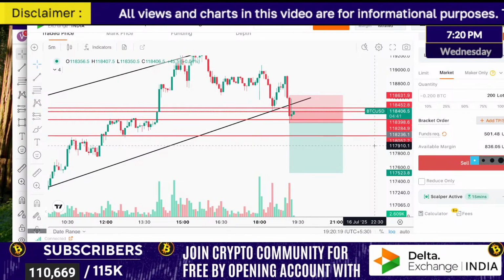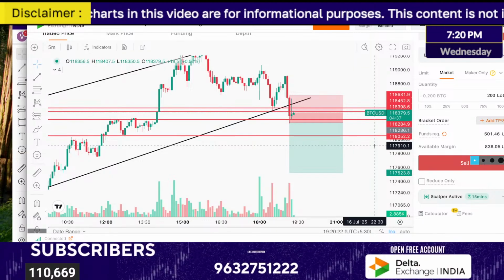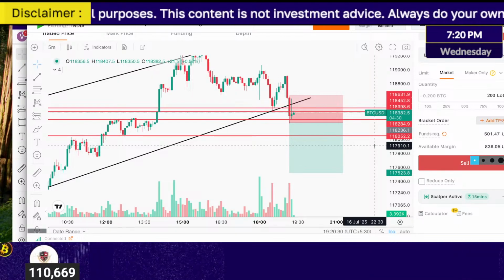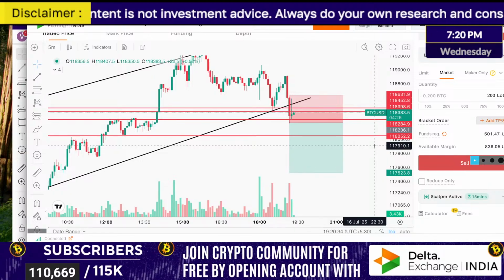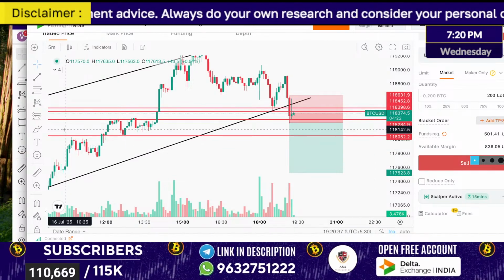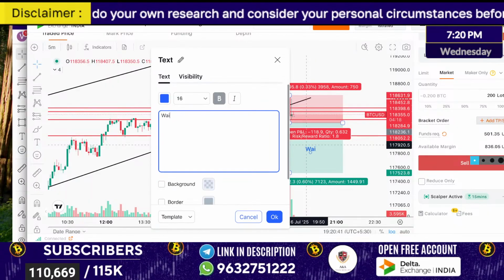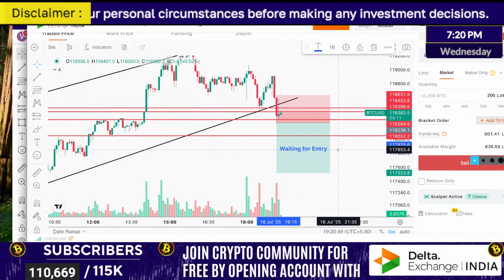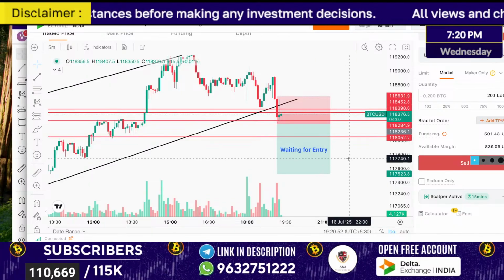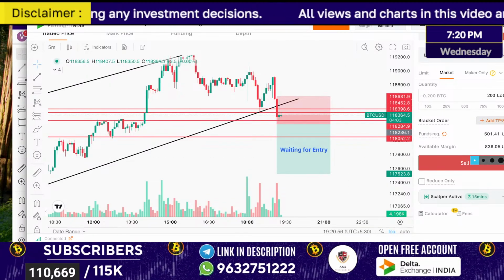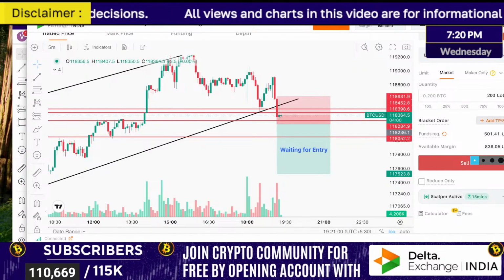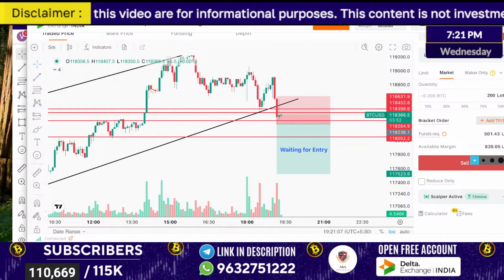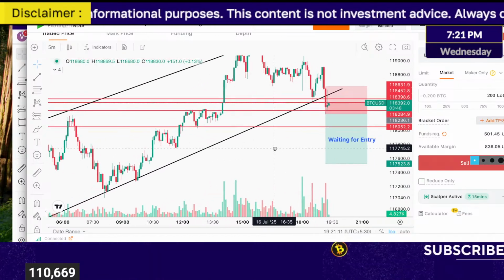How much long? Sir, is it an uptrend pattern and 0.5 has formed, right? 0.5 from where?